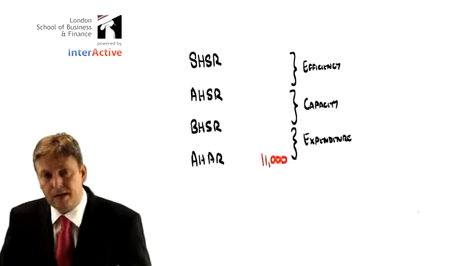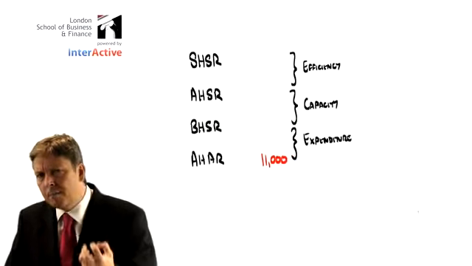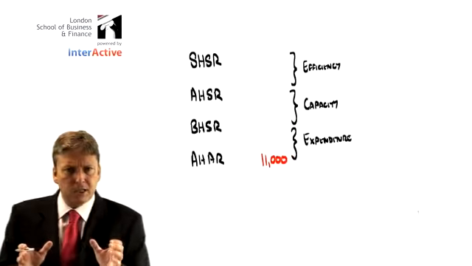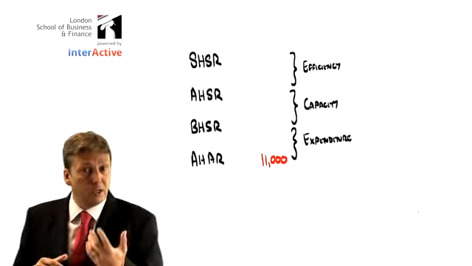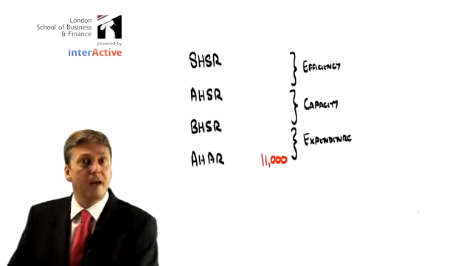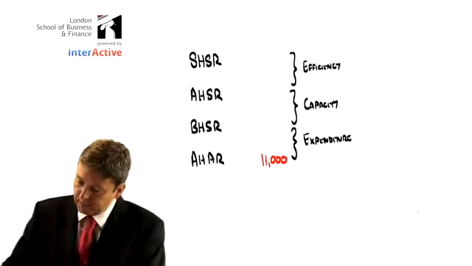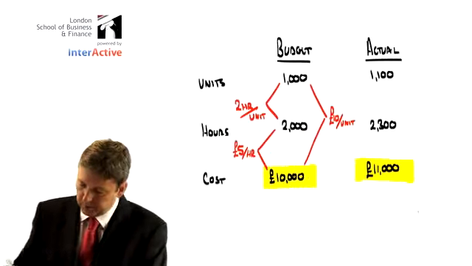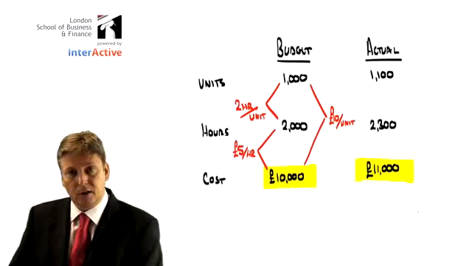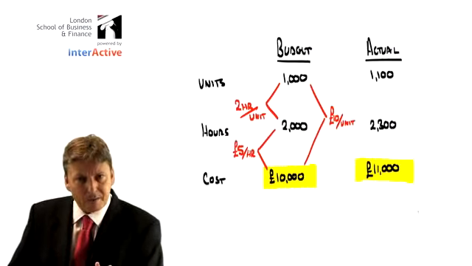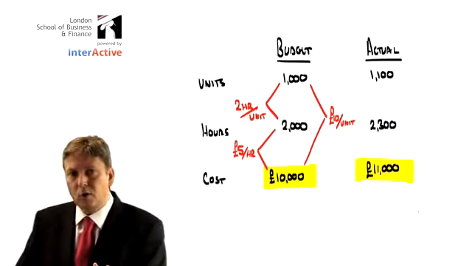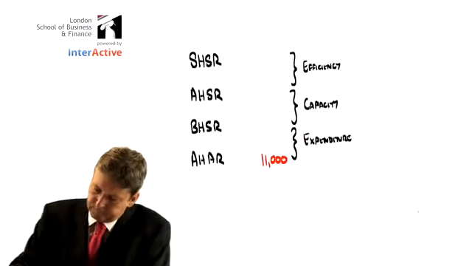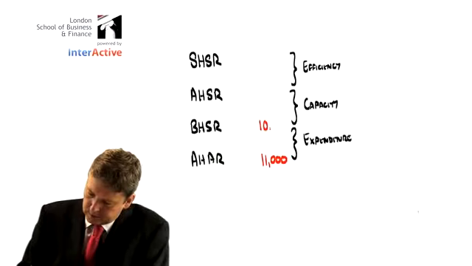Budgeted hours, standard rate. Now, if you remember, we talked about this before. I said if you took the budgeted hours at the standard rate, you would get the budgeted cost. Do we have that? Well, let's look back at the information. I've got a sneaking suspicion that that is the budgeted cost. Great. We have two elements, and I don't know about you, but I'm not even breaking into sweat. So let's slot that one in there. 10,000.